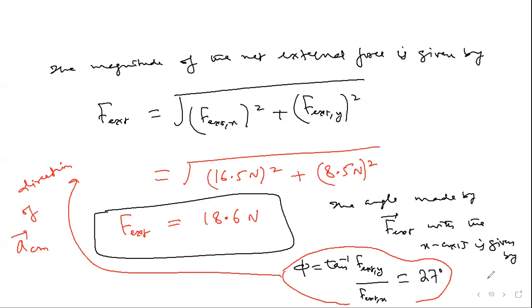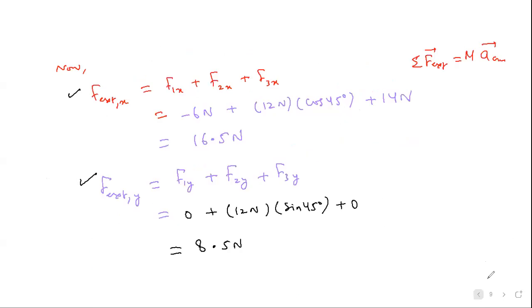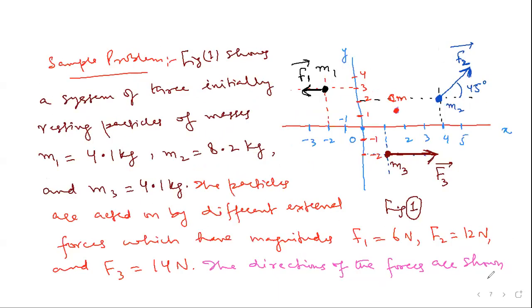The figure will be jumbled, so I will not show this in the figure. You can do it at home. You can show it in the diagram which way acceleration of the center of mass is pointing.